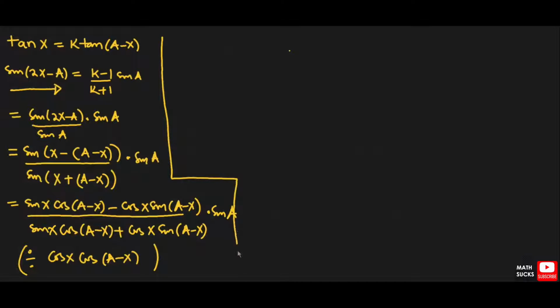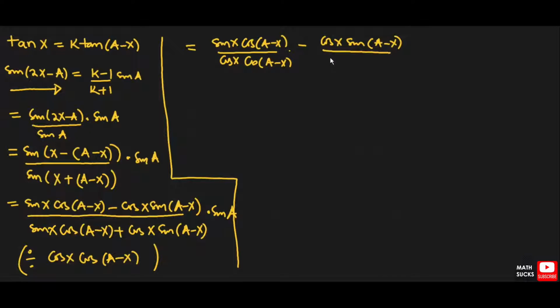Okay, so when we do that, let's see, this is going to give us sine of x, a minus x. This is divided by cosine of x, cosine of a minus x. Then we have minus, so this is cos of x, sine of a minus x. Then we are dividing this by cosine of x, cosine of a minus x.